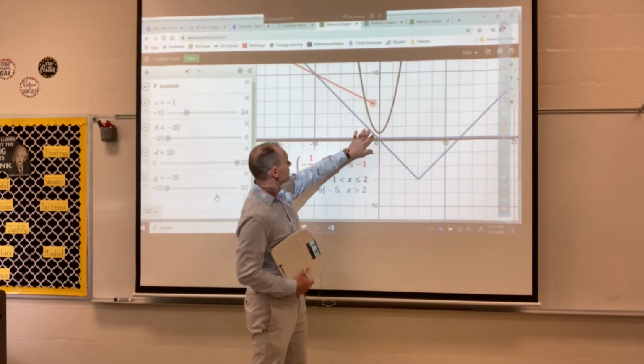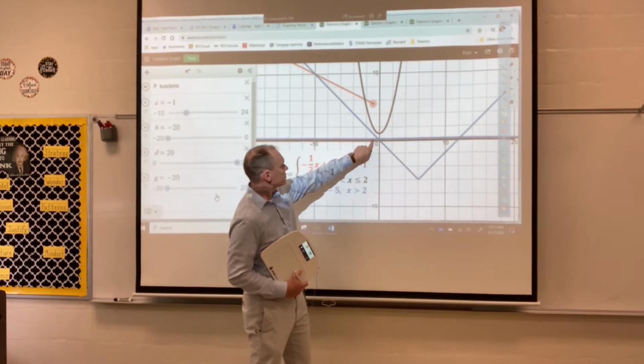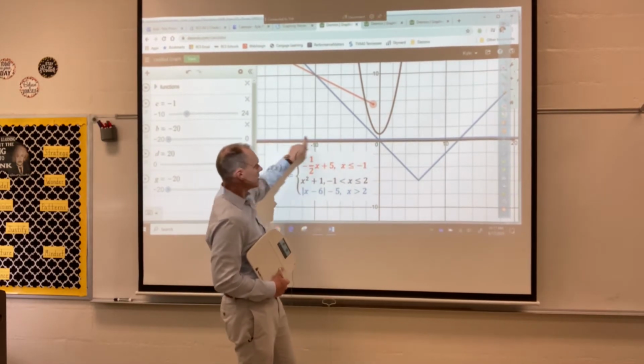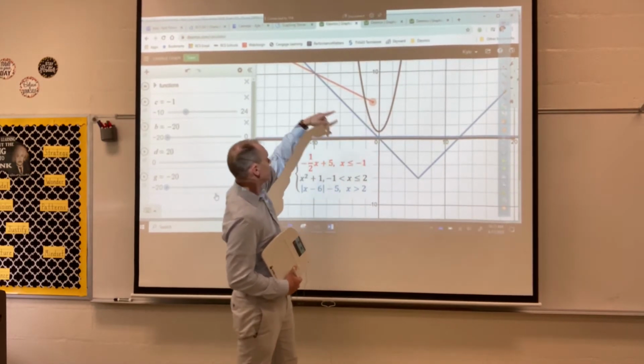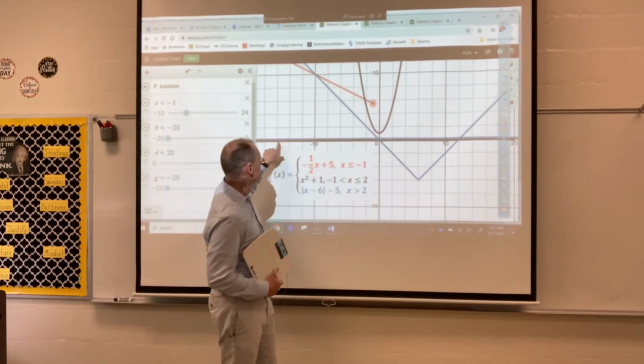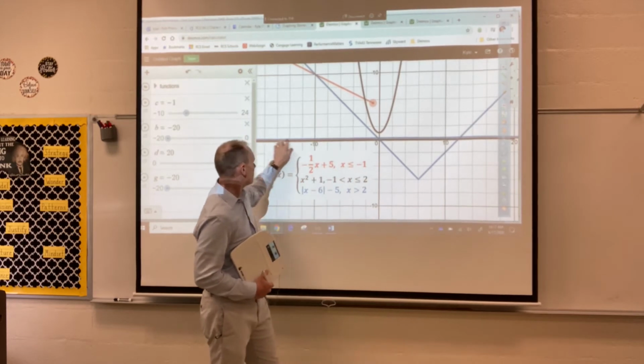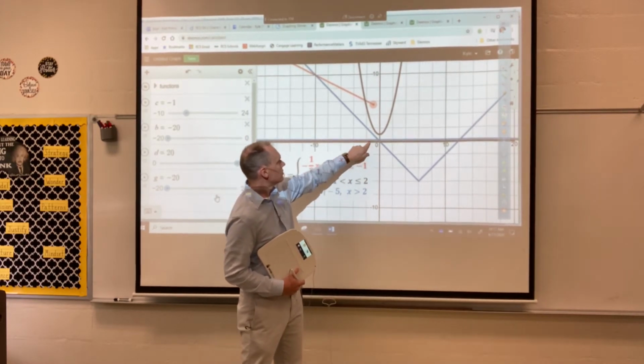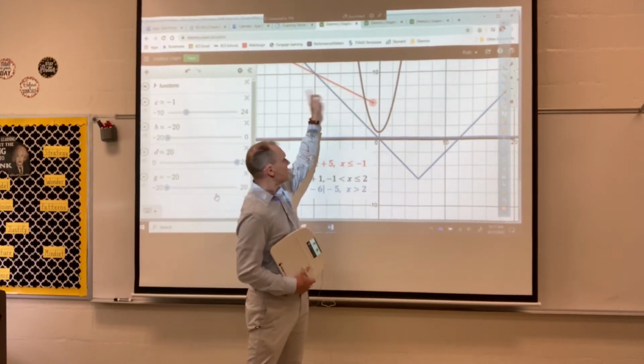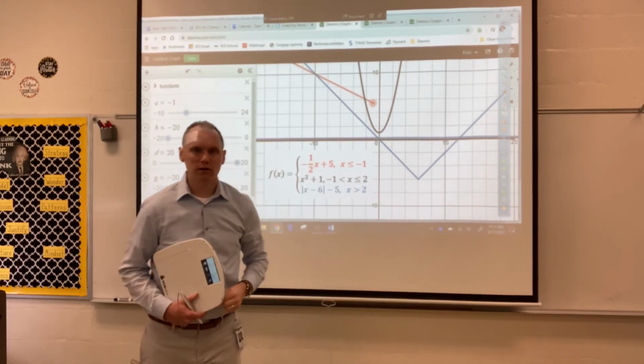So for all x values less than or equal to negative 1, so all x values to the left of negative 1 follow the red graph. And you can see all the x values in red right here. So it goes from negative infinity all the way, and it ends right here. So all these x values are obeying that function right there.